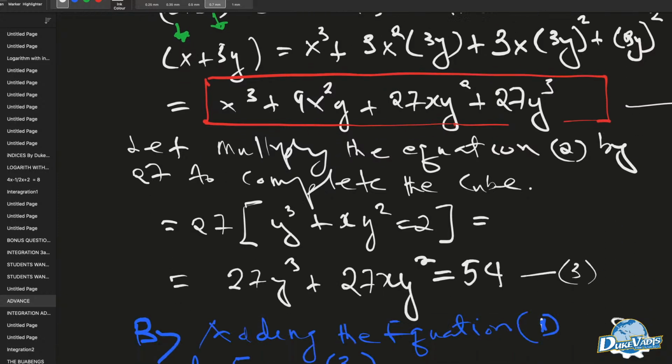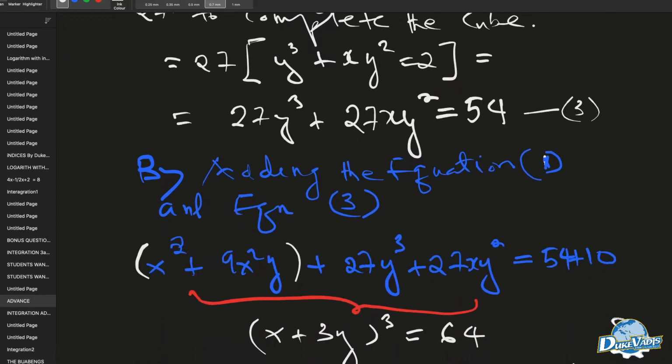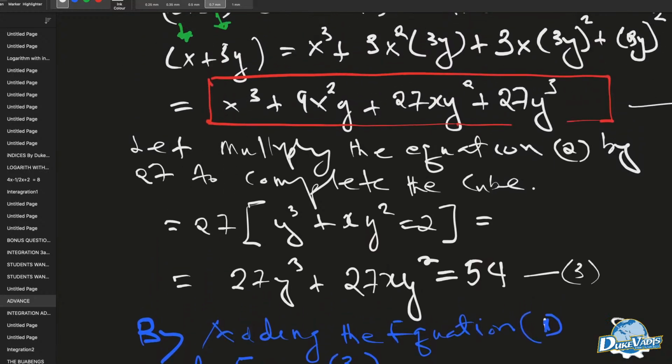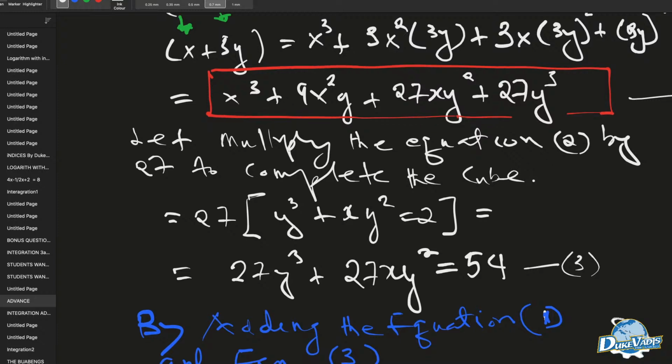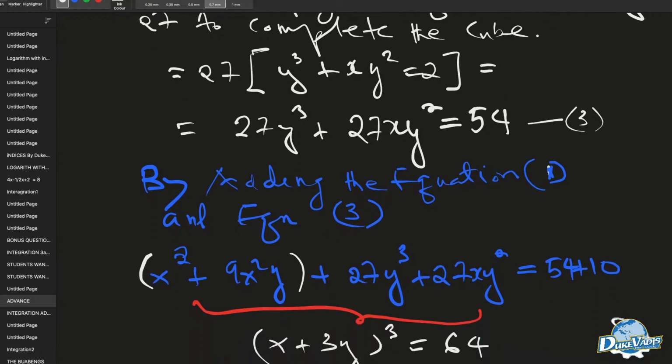Now look at it. By combining equations 1 and 3, what do I get? Then I will get x cubed plus 9x squared y plus 27xy squared plus 27y cubed equals 54 plus 10.